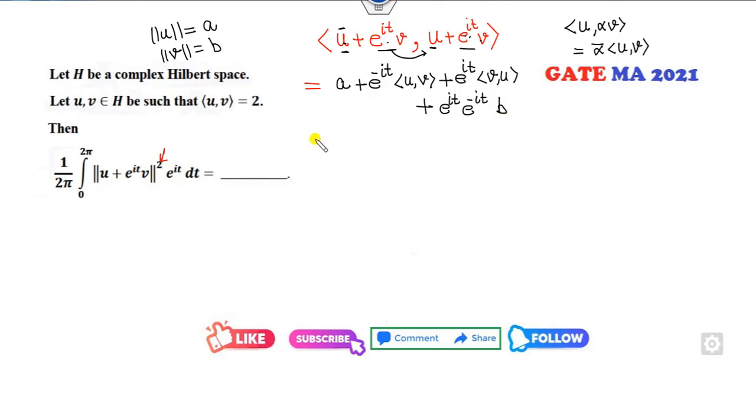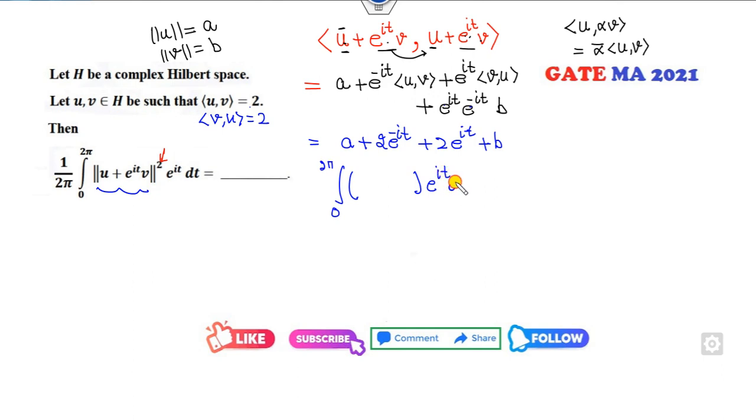Now that's over. I can substitute this. The inner product of u and v is 2 e raised to power iota t. Because the inner product is symmetric, I can also write this number as iota t. This is 1, so plus b.